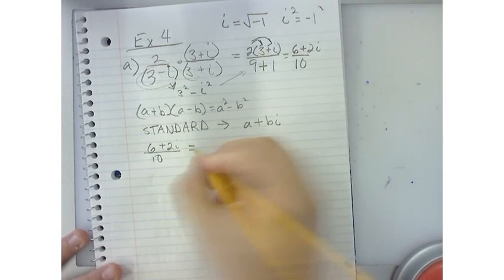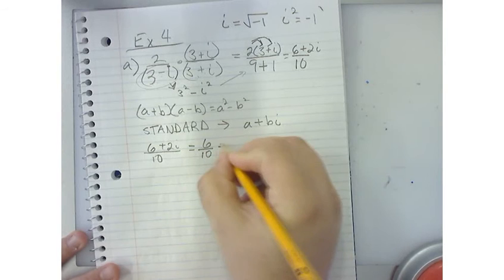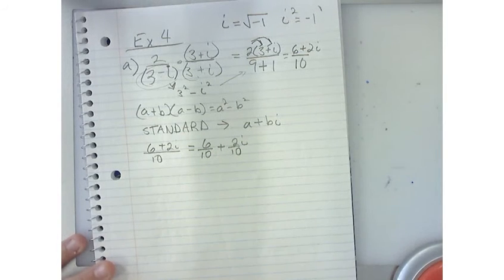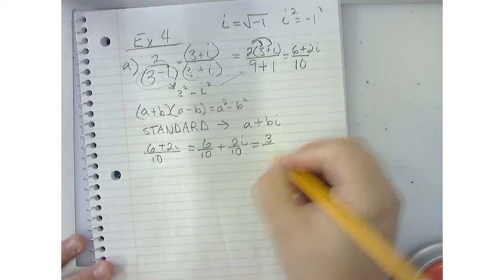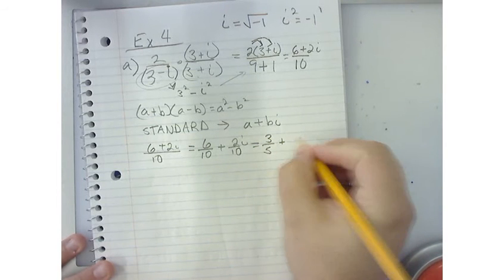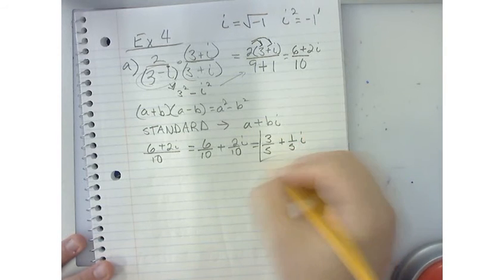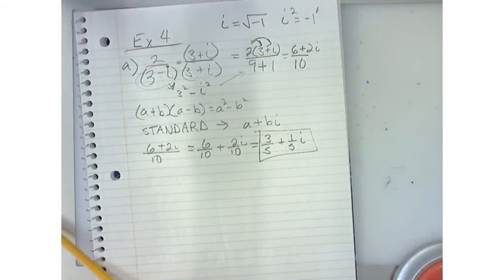I'm going to say 6 over 10 plus 2i over 10. I could reduce the fractions. This becomes 3 over 5 plus 1 over 5 times i. That's the best way to write the answer. Any questions on that one?